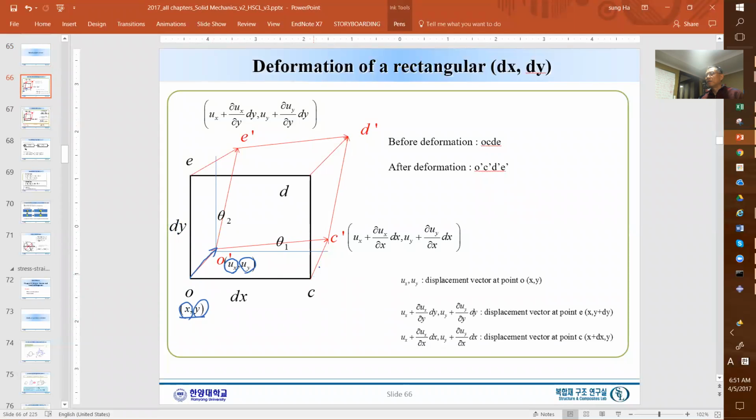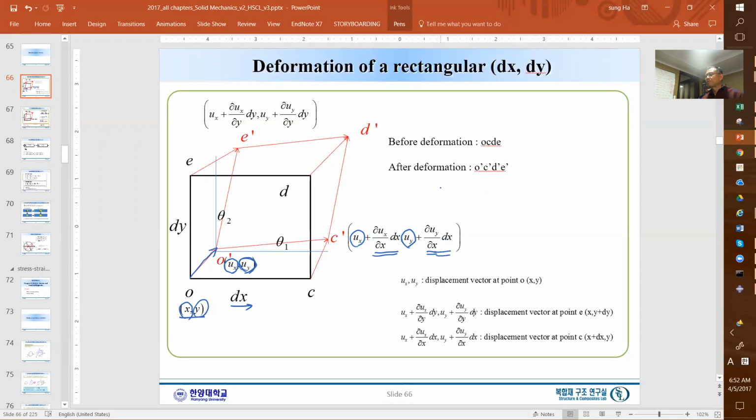Now the point C has a displacement ux, uy. These would have additional terms because this point is displaced in the x direction, so there will be an incremental partial derivative: ∂ux/∂x times dx. The second term, uy, would also have an additional term in the x direction: ∂uy/∂x times dx.